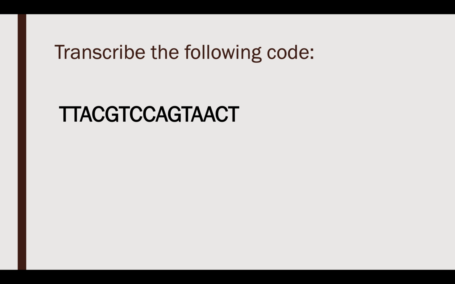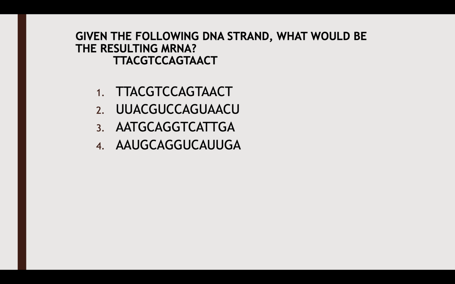Okay, at this point, you should have the copy written in your notebook how you think it should be. Let's see how you did. So if this was the DNA strand, my question to you is which one of these is most like what you wrote in your notebook? I'll give you a second to take a look. The answer is 4 here.